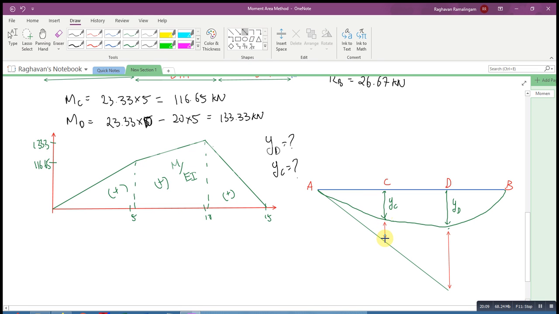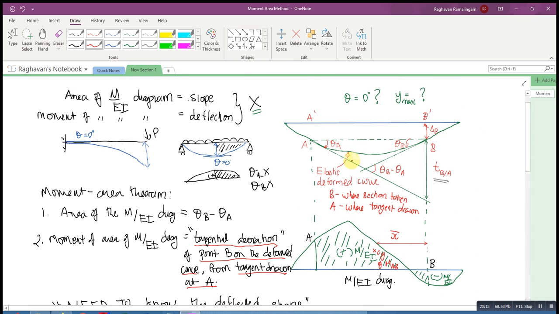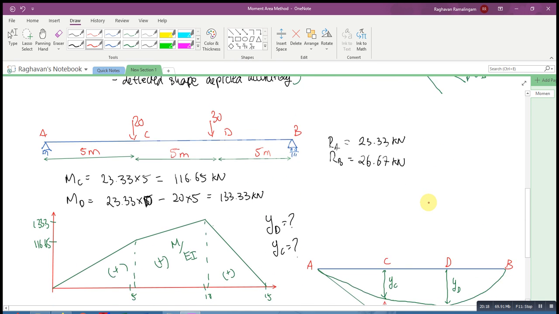The tangential deviation is the deviation from the point on the curve to the tangent which was drawn.